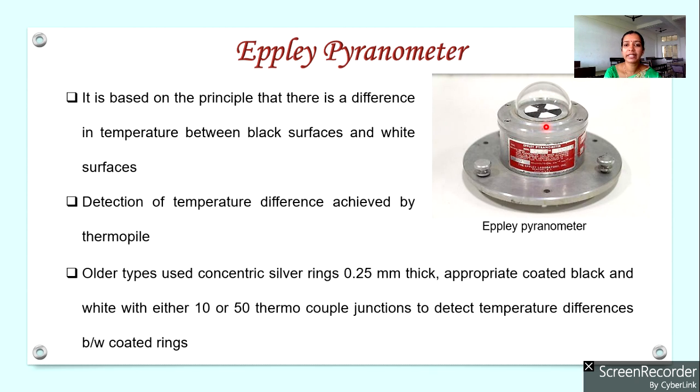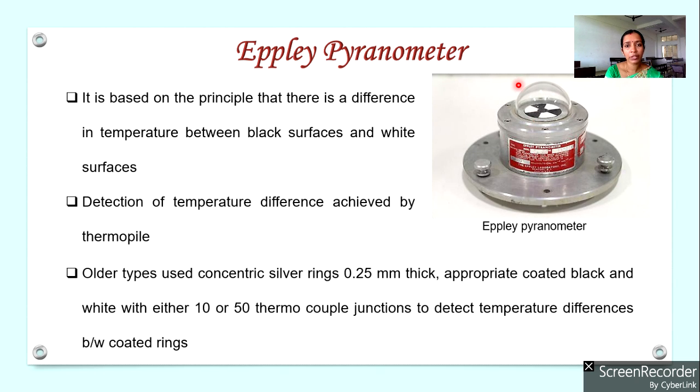So here in the Eppley Pyranometer, there will be alternate black and white color surfaces. The sensor of the pyranometer will be having alternate black and white coated surfaces. Black color absorbs maximum radiation and white color reflects radiation, and the temperature difference between black and white surfaces can be measured using a thermopile arrangement.